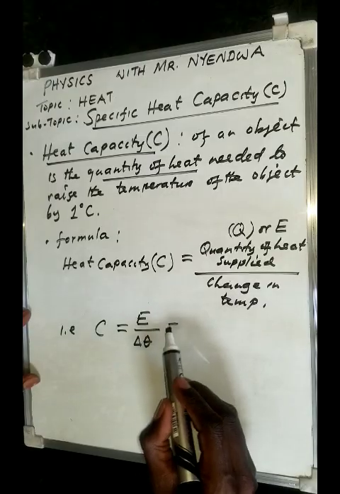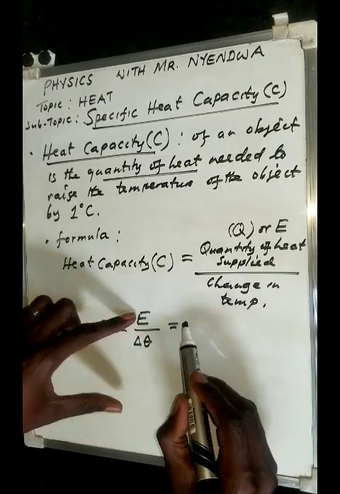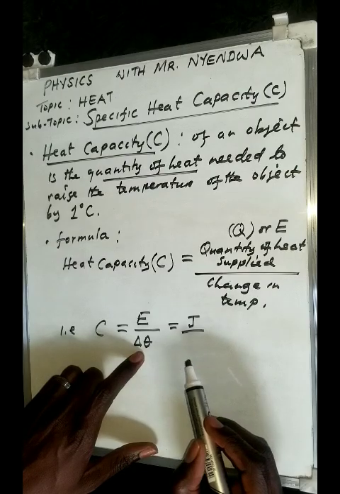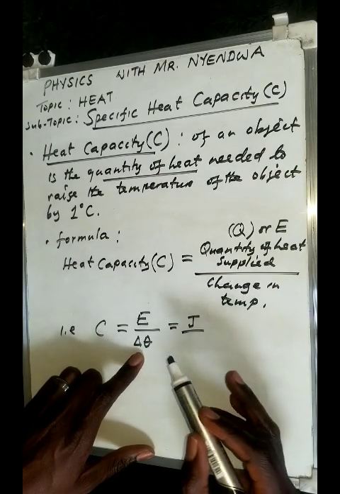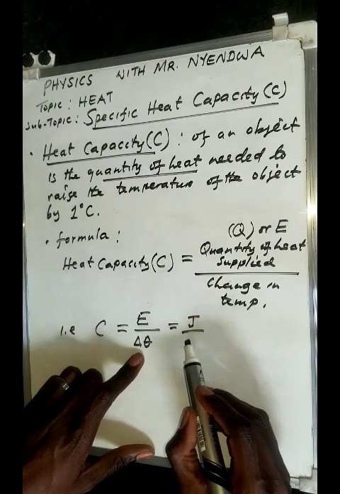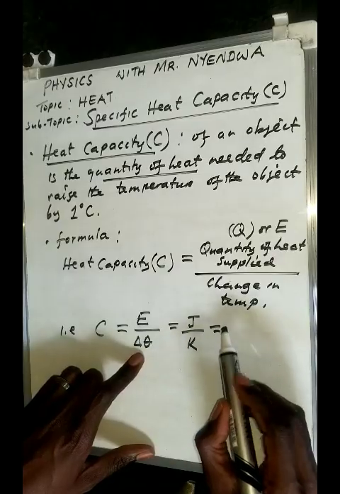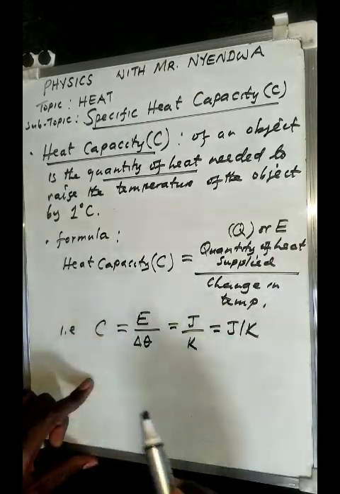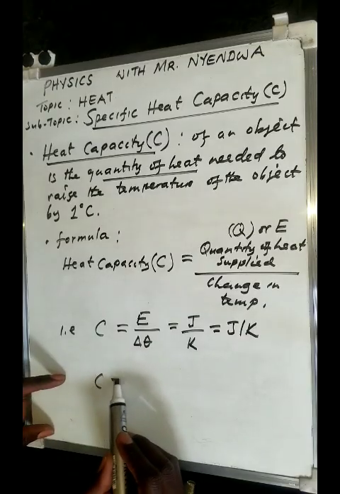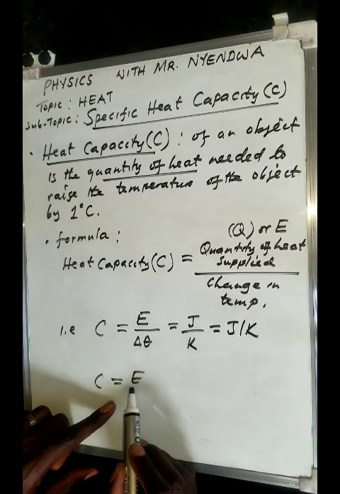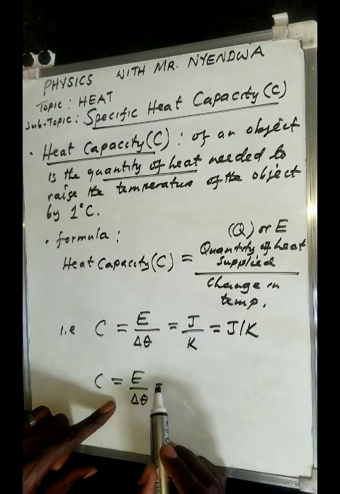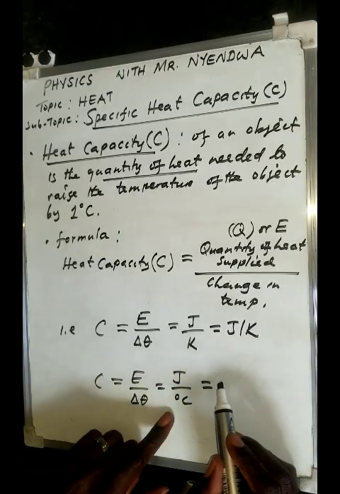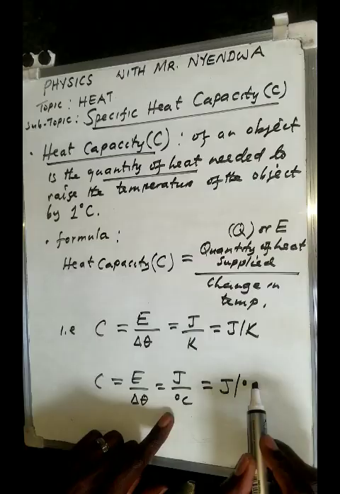Now if you look at it this way, energy is measured in joules, and when you look at temperature, the SI unit that we know in this case is Kelvin. So it can be joule per Kelvin. But sometimes you can also express it as energy divided by change in temperature, so joule divided by degrees Celsius, which gives you joule per degree Celsius.